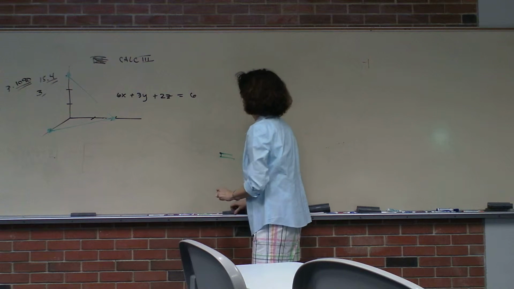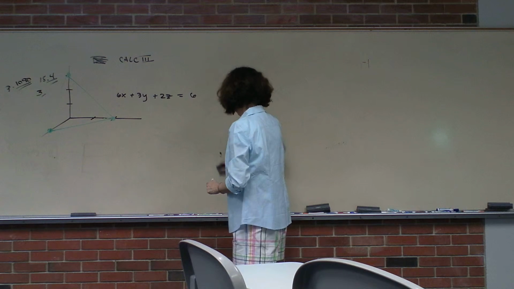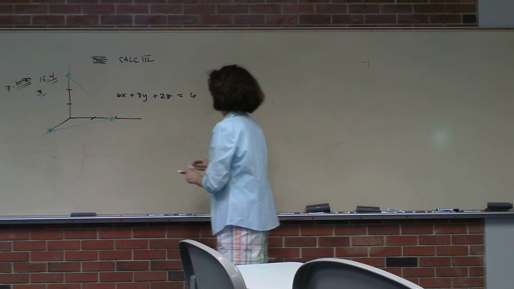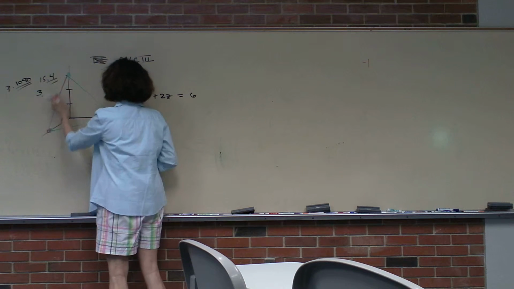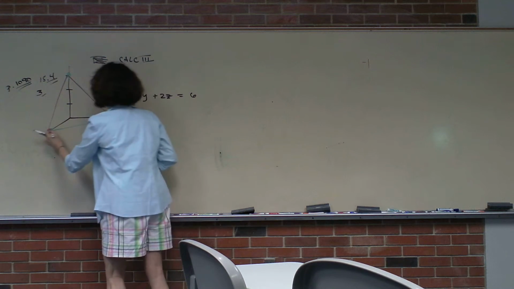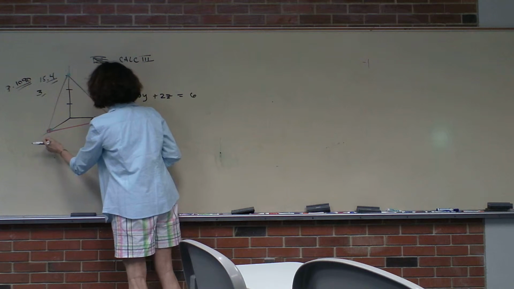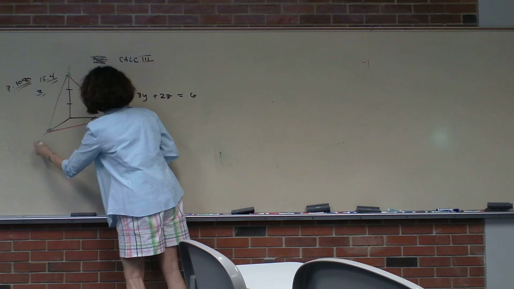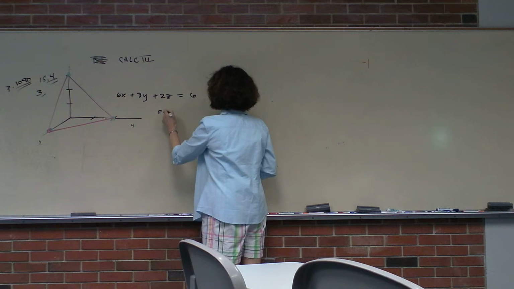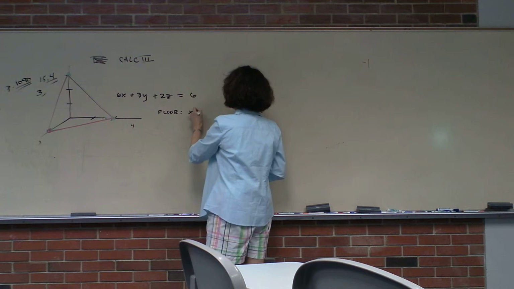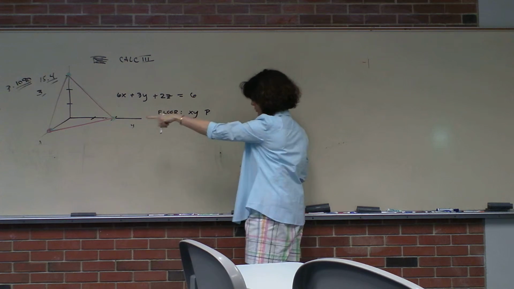So, we have to decide on a roof and a floor. Shall we take the most obvious floor, the XY plane? Sure. So the floor will be in the XY plane, not the entire XY plane, but just that corner.